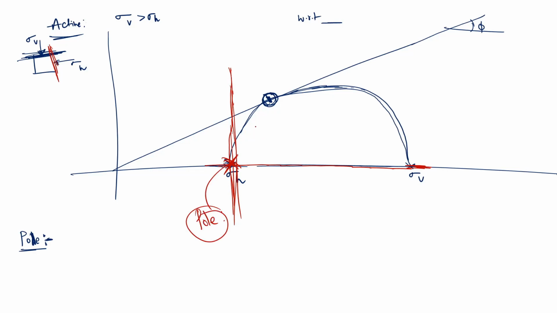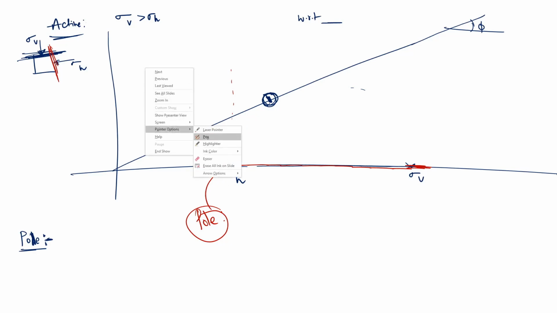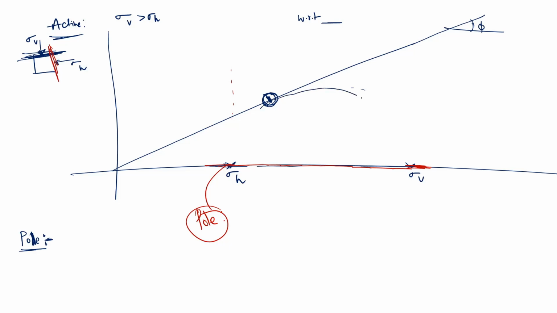Now what did I tell? If you draw a line, so let me erase this. So first let me draw. So this is the pole.